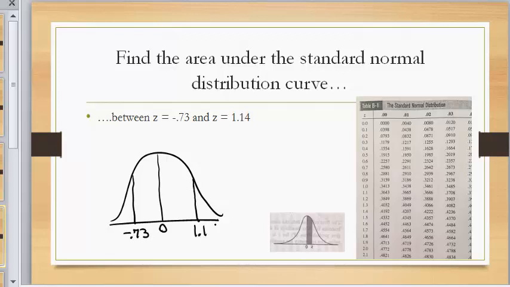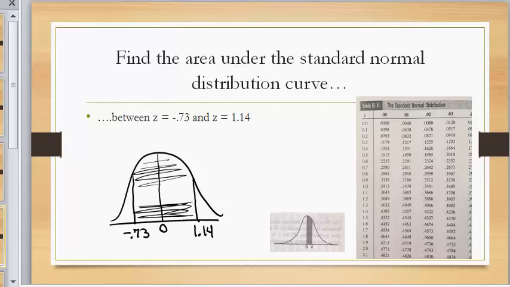The problem asks me to find the area in between these two values. So we are looking at the area of those two pieces. So again, I'm going to go to my table and I'm going to look up both of these areas. I'm going to start with the positive one, 1.14.